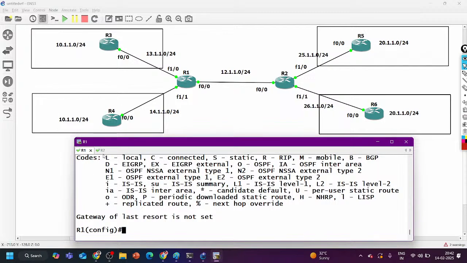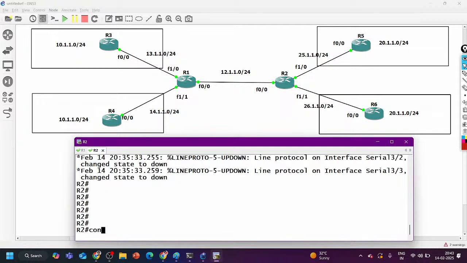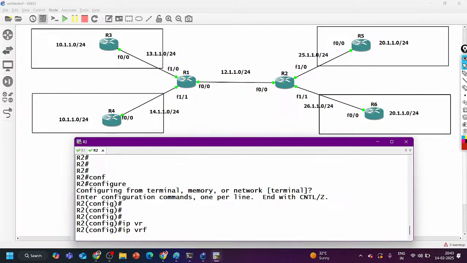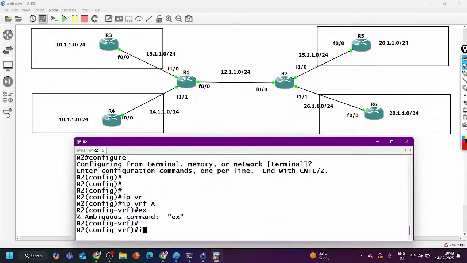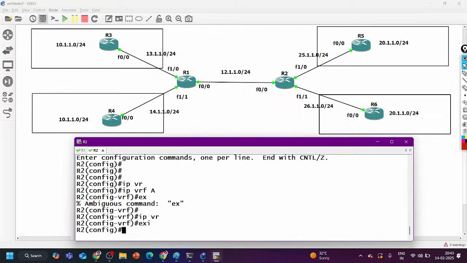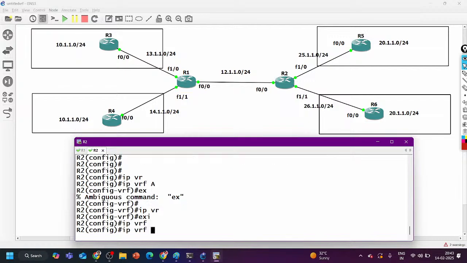Now let me configure R3 here. And before that, I can do it on router number 2 also. Config t, ip vrf A, exit, ip vrf B, exit.